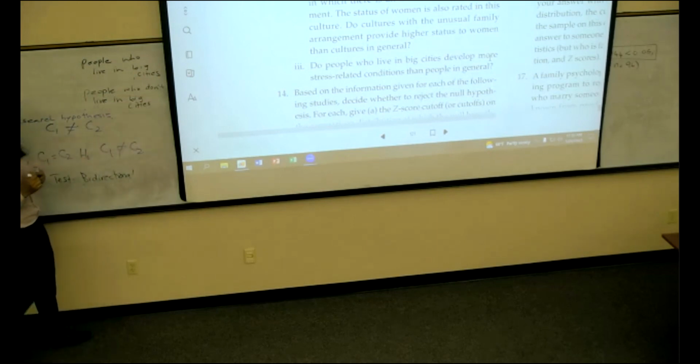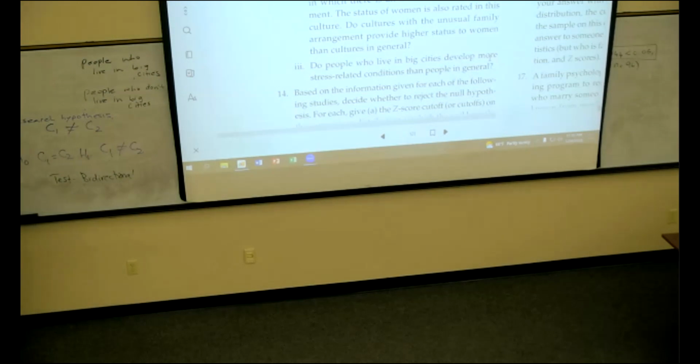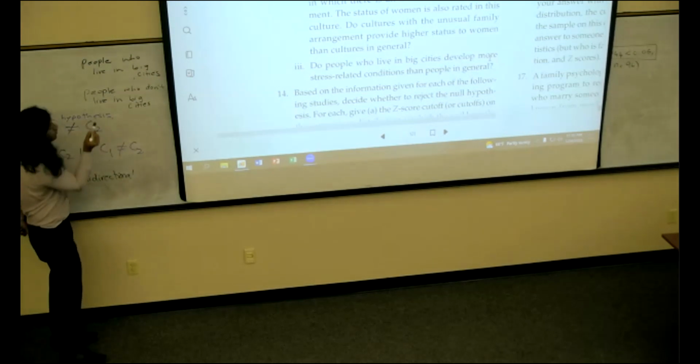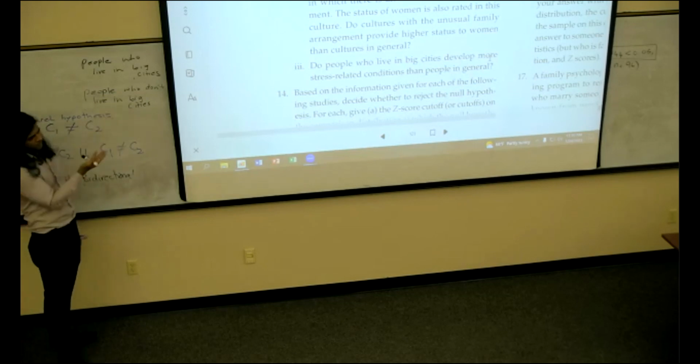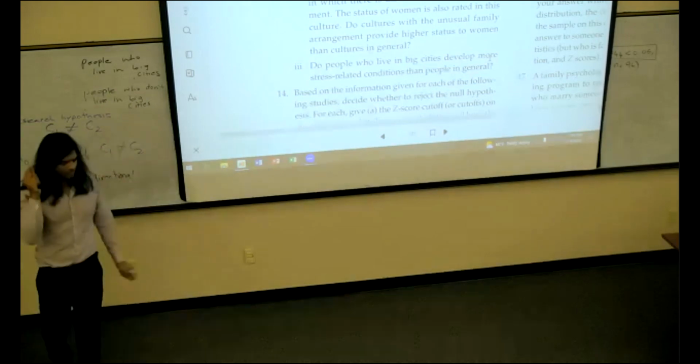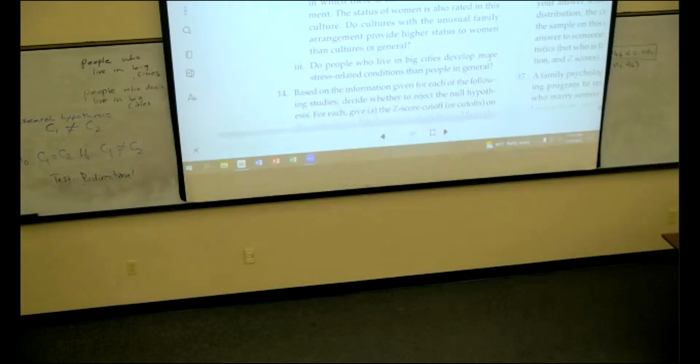Do you want to write it, or if you choose to write it, people in general, would it be wrong? Well, according to the problem statement, no, but do keep in mind the list of points that can't be overlapped. So by in general, they mean those who don't. Tiffany gave us the 2 populations, but to be specific, what are we interested in? Stress-related conditions. Very good.